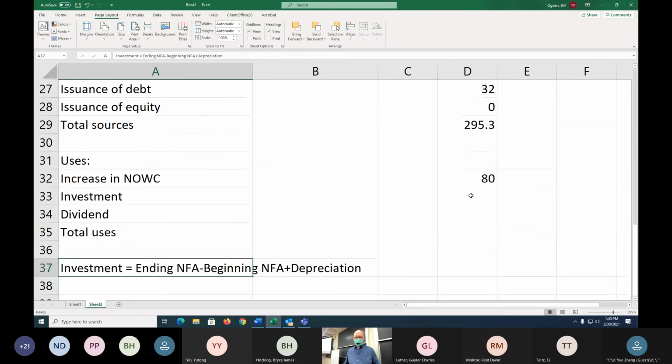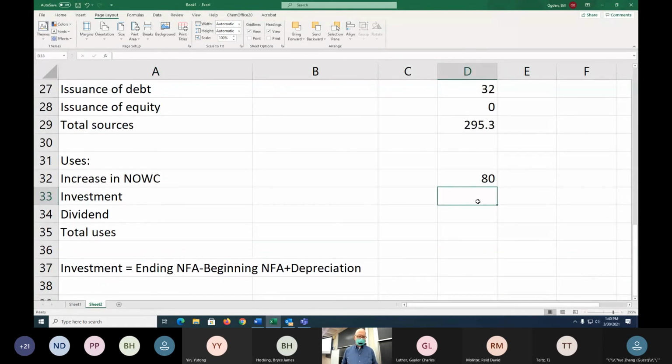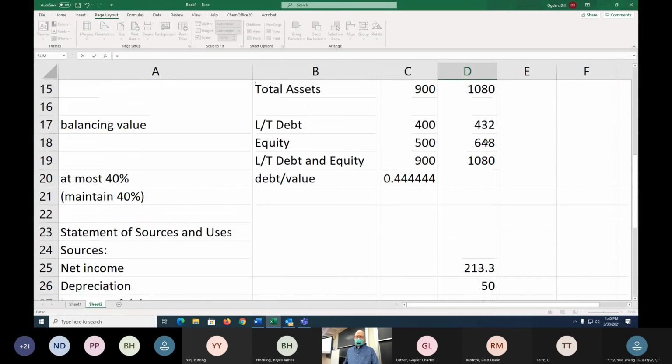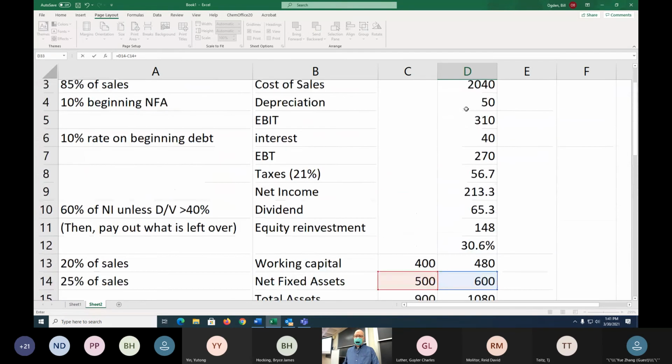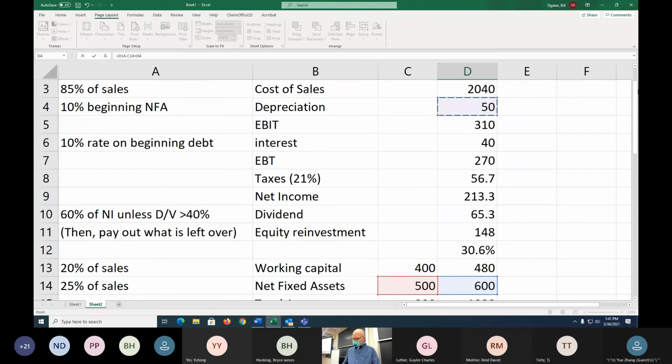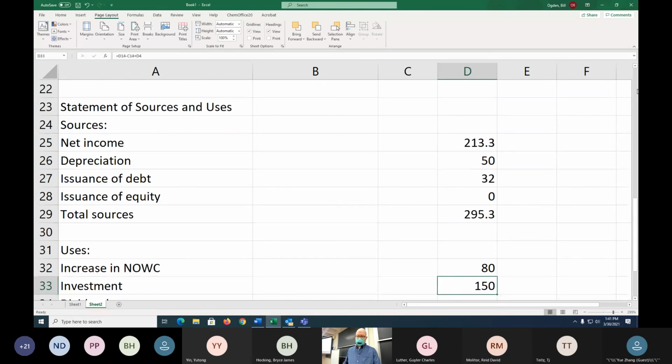Okay, and that's the way we do it. So let's try it. Our investment would equal ending net fixed minus beginning net fixed plus depreciation. Okay.